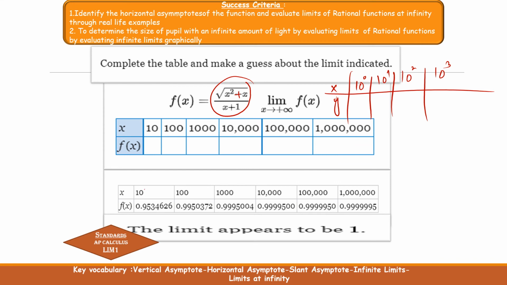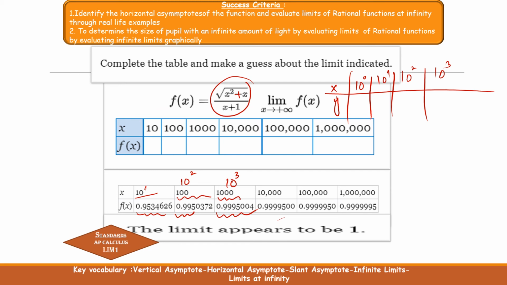Then on 10 to the power of 1, the answer is 0.953. Then 10 to the power of 2, you will have 0.995. Then 10 to the power of 3, you will have 0.99. If you approximate, there is a stability.